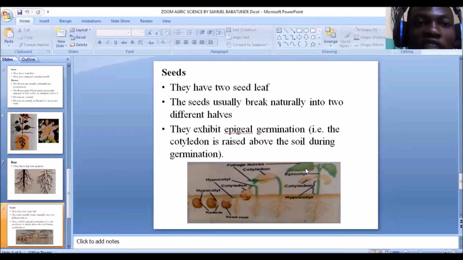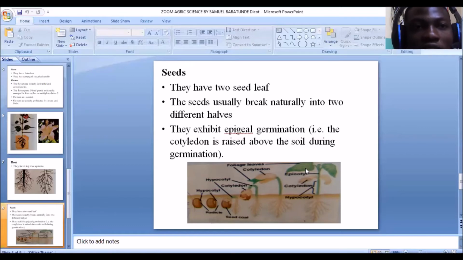Now the seed usually breaks naturally into two different halves. That is, when you plant this seed, it breaks into two seed halves naturally, unlike the monocot plant, which will not break naturally into two different halves. But the dicot plant, for example your mango, like I told you, is something you can practicalize. Just go home, take a mango seed.